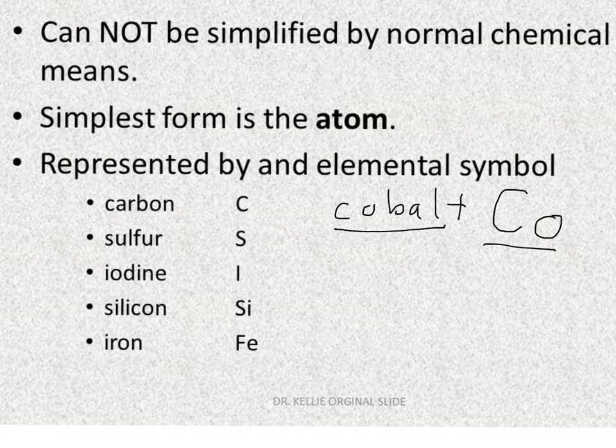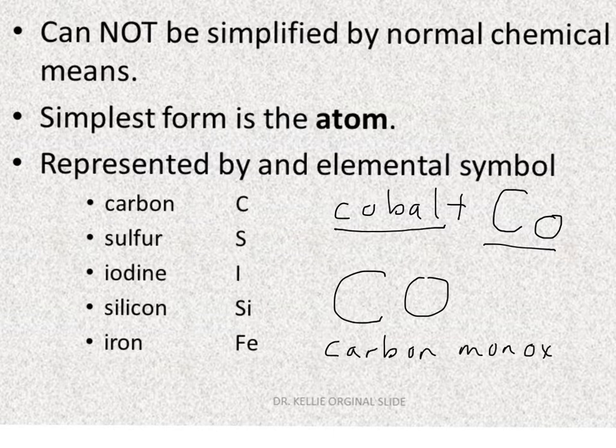If I want to talk about carbon monoxide, which is a compound formed from one carbon and one oxygen, then I write capital C, capital O. So those capitalizations make a huge difference.